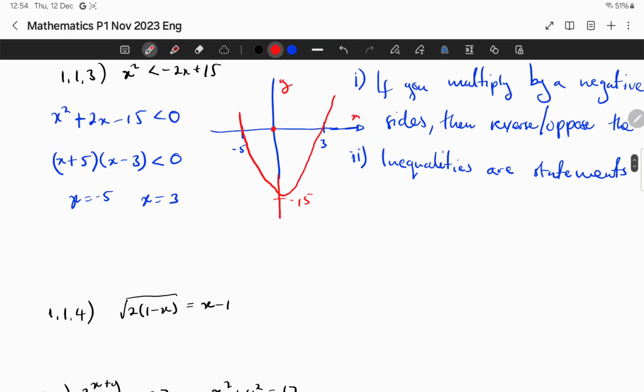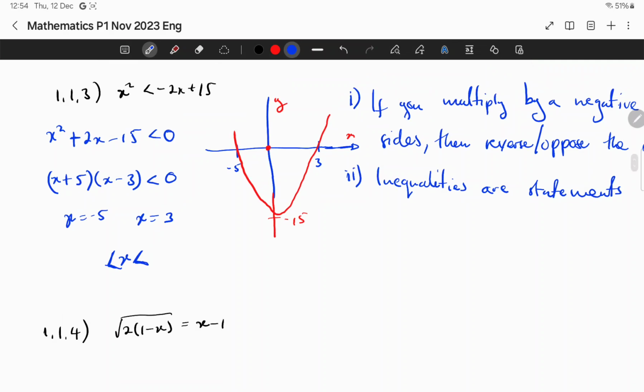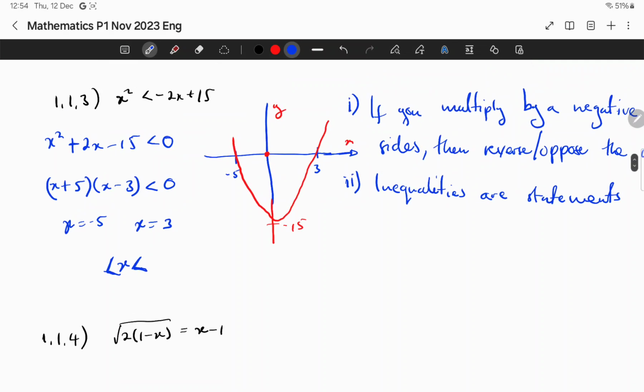right? So what was the question that they asked us? Where is this function less than 0? The function is less than 0 between -5 and 3. That's how you get your answer. The inequality sign here does not say less than or equal to.